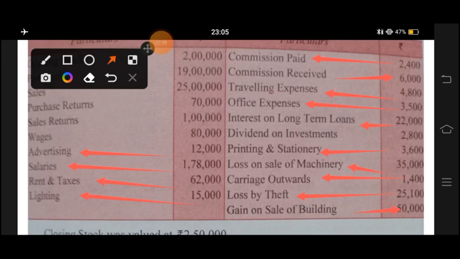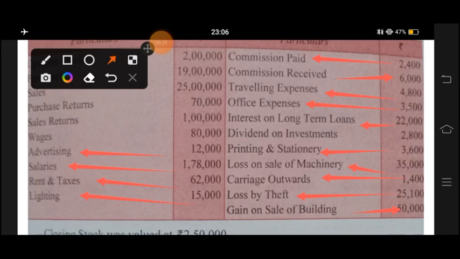And if the arrow moves rightward, it means we are talking about the credit content, or the content that should be written at the right hand side of the page in the profit and loss account.